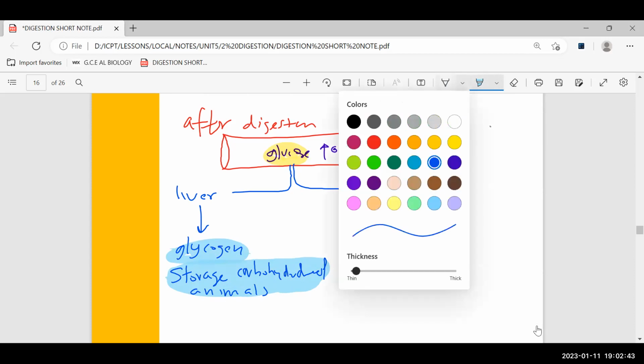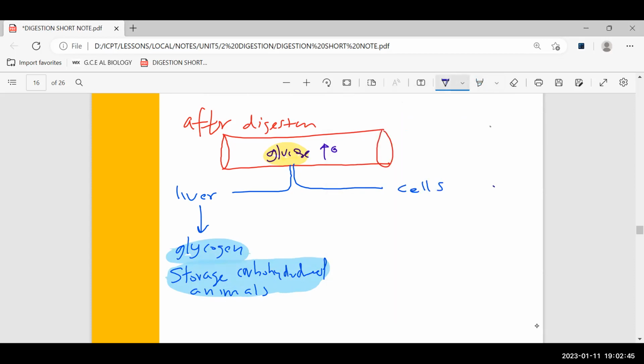And when a glucose molecule is outside of the cell, this glucose molecule cannot enter into this cell, right?